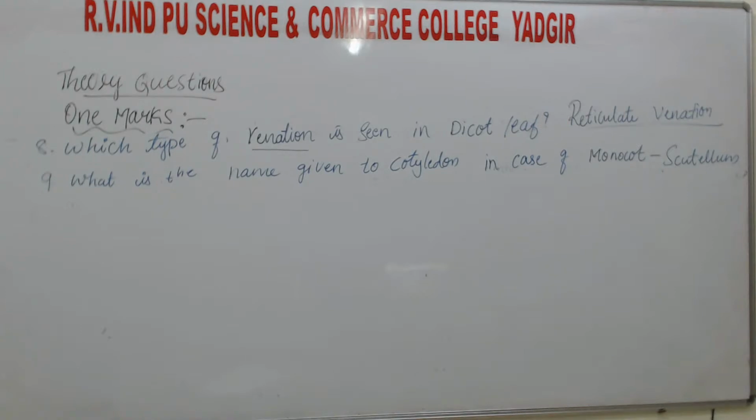Name one monocot and one dicot in which endosperm is present.